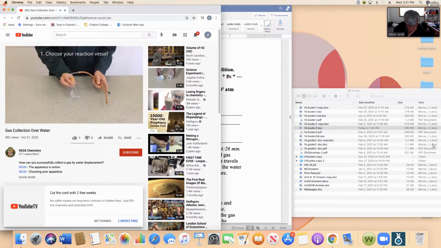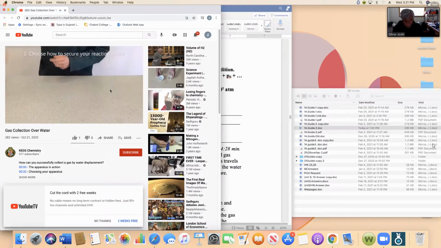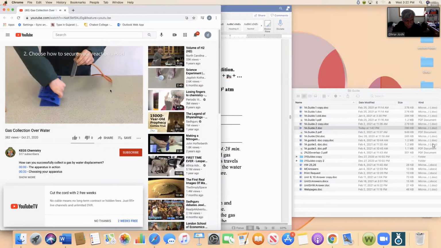Another option is to use a conical flask with a bung fitted with a bored hole through the center, through which the delivery tube comes out. Secondly, how will we secure the reaction vessel? There's two options here. We can either find a clamp and clamp our vessel like so, or another useful alternative is just to place it in a boiling tube rack like so.